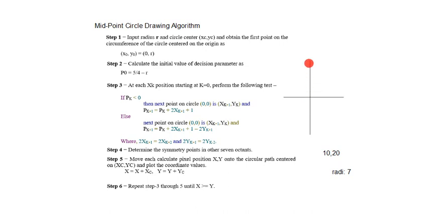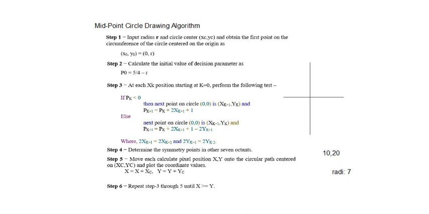If the circle is centered on the origin, you can have 4 such points: it may be (0, r), (r, 0), (0, -r), or (-r, 0).